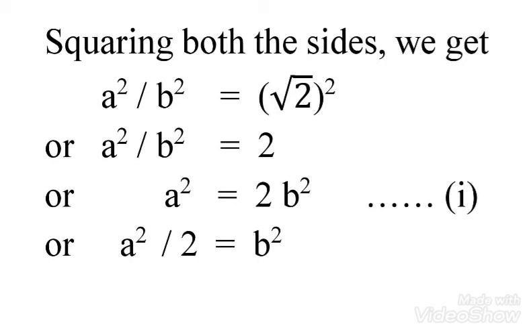It is equation number 1. And from this equation we get a square upon 2 is equal to b square.